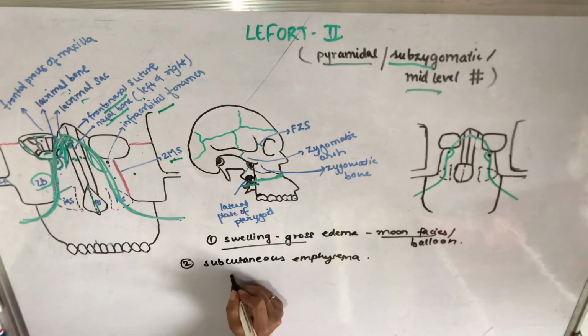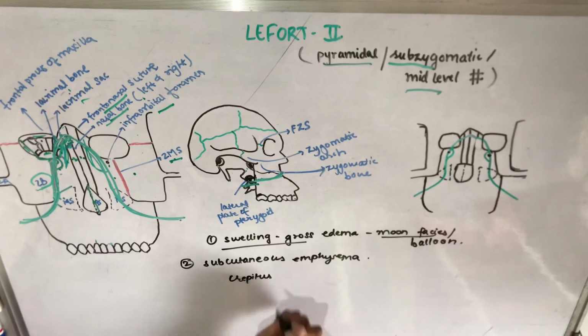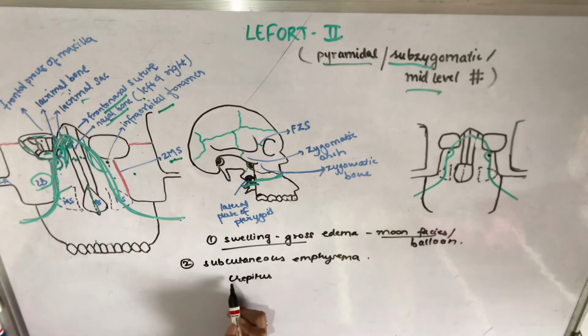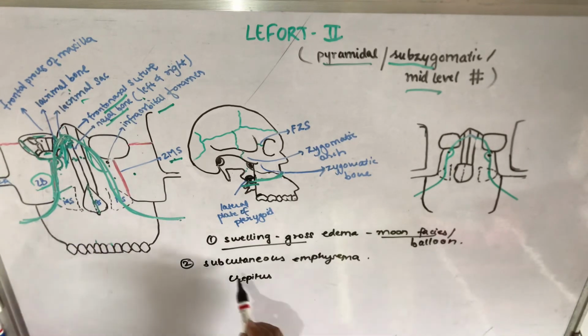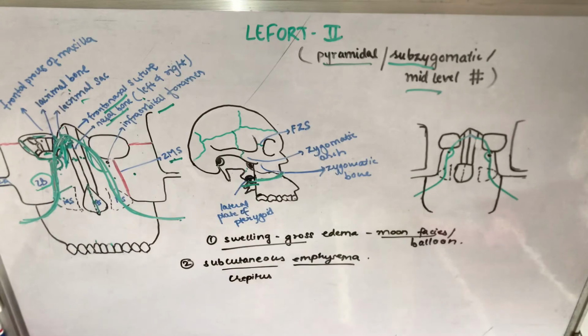It is evident by the crepitus, and this is due to the direct communication between the sinus cavity and the soft tissue of the face, and because of that you will see this subcutaneous emphysema.